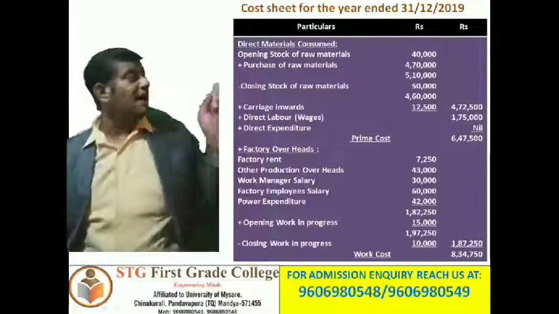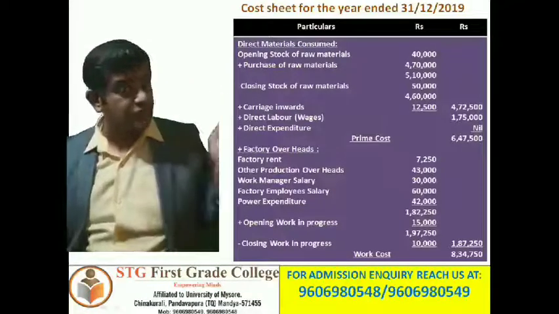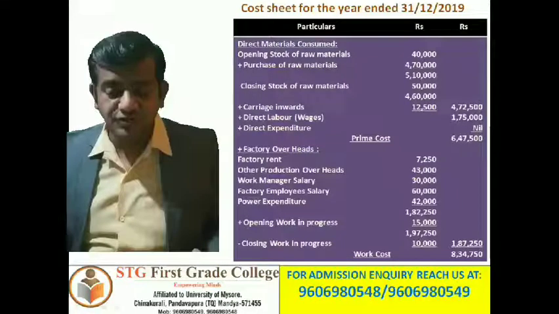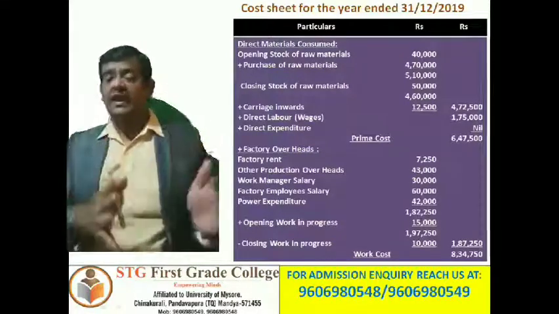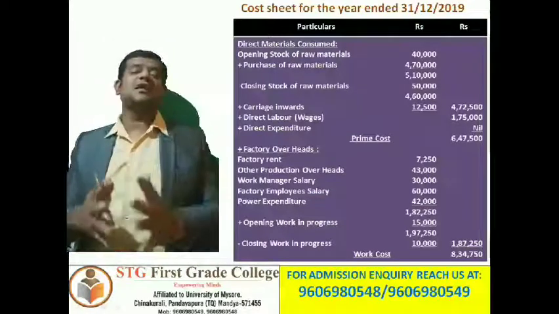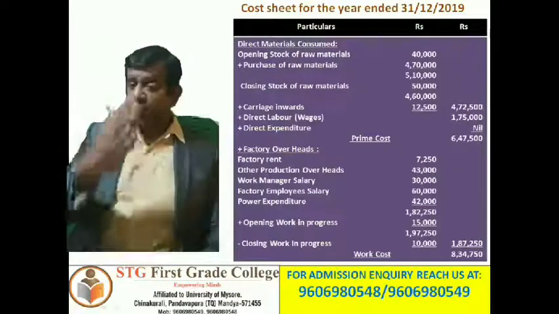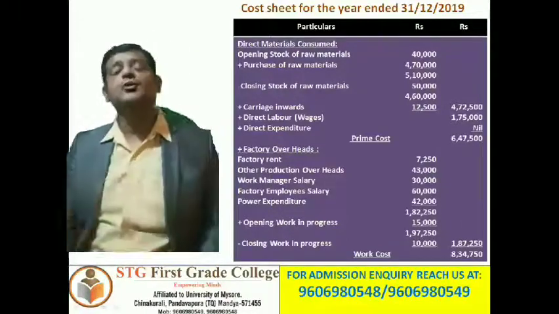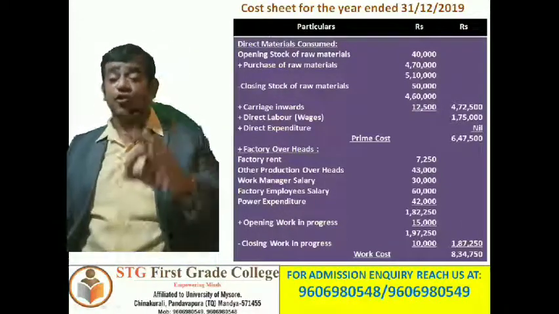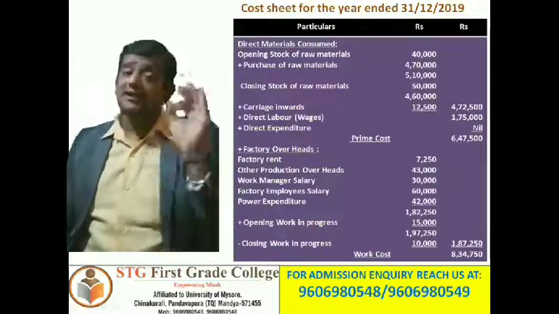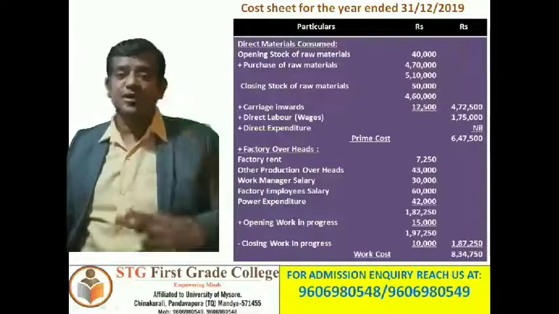What is that? Add carriage inwards. You must add carriage inwards to this direct material consumed value. So that is 4,60,000 plus carriage inwards 12,500, so the total is 4,72,500. Put it in the outer column. Clear? 4,72,500 is the actual direct material consumed.